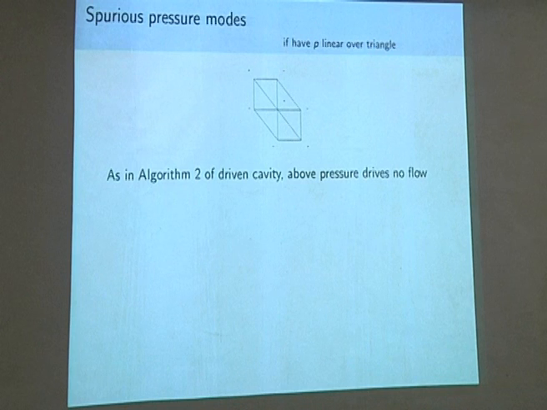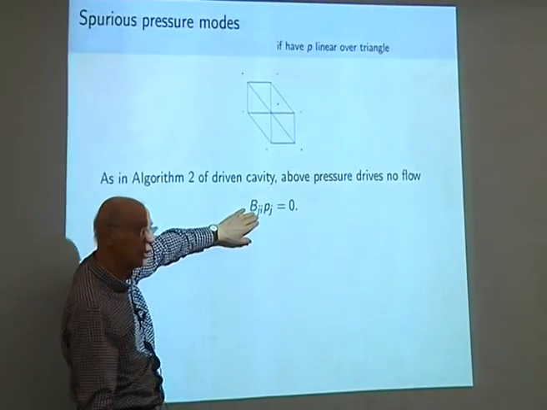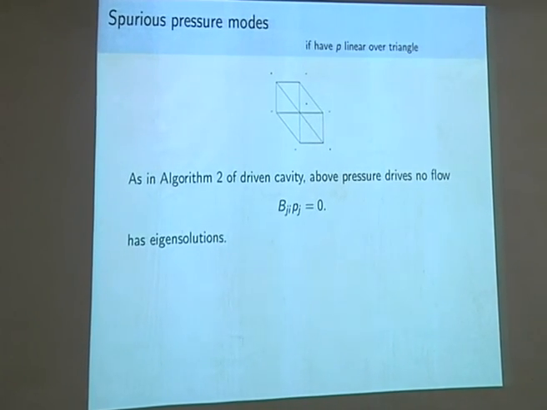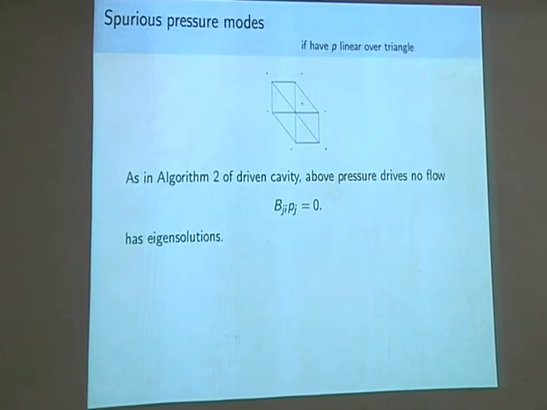And that is because, if you remember my finite element contribution, there was a new matrix B that came in, which was the integral of the gradient of phi and the gradient of psi, this cross term. It means that this matrix has some eigen solutions, eigenvectors.